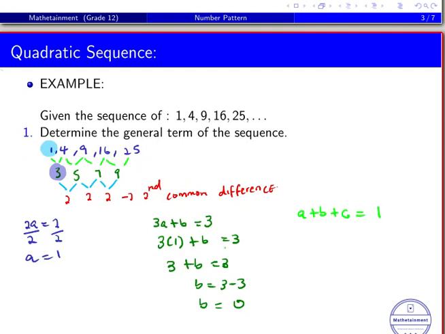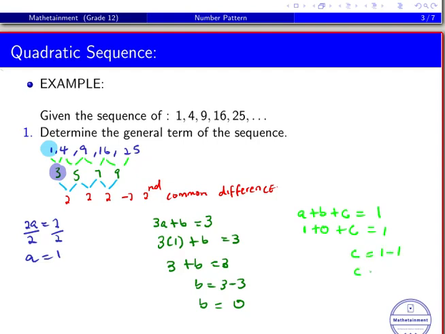So you know your value of a is 1, you know your value of b is 0, you don't know the value of c, so 1 plus 0 plus c is equal to 1. That makes c equal to 1 minus 1.